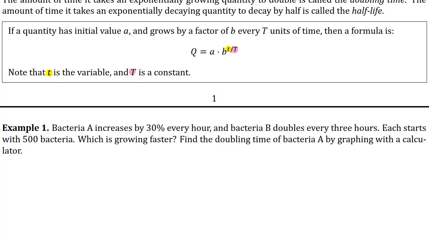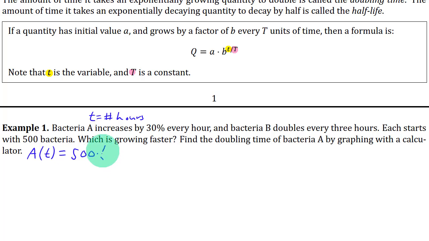So to figure out what's actually happening, let's get a formula for each of these. Let's say that T is the number of hours, and we can get a formula for the amount of bacteria A after T hours. It starts with 500 bacteria. They each start with 500. So that's the A. And it's increasing by 30% every hour.